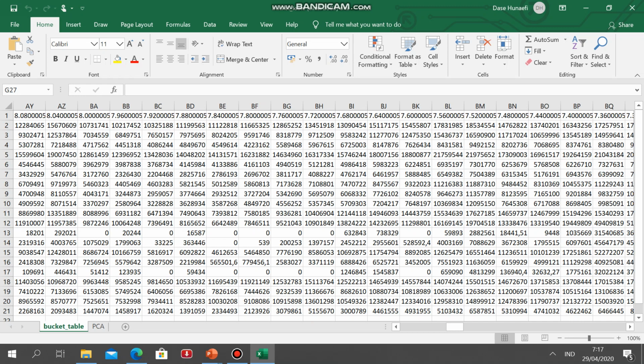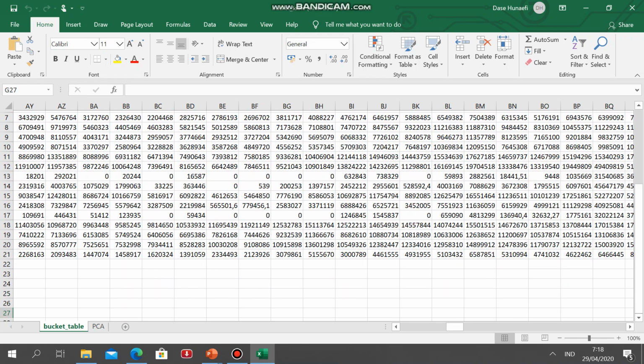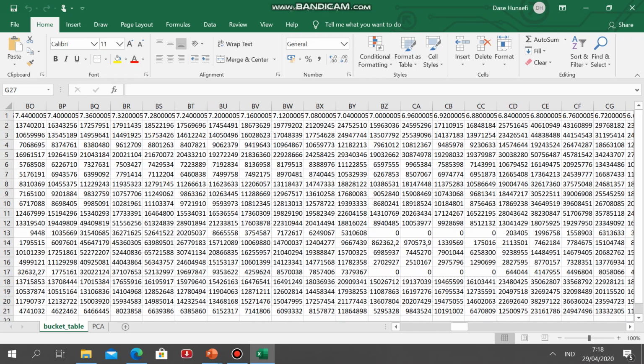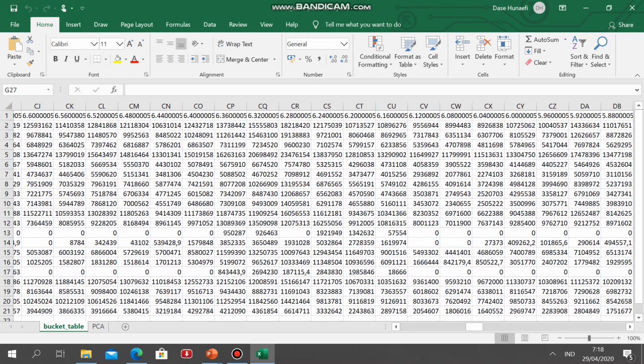For example, this analysis actually uses nuclear magnetic resonance, so you can see that it is quite a big number of data points from one run.